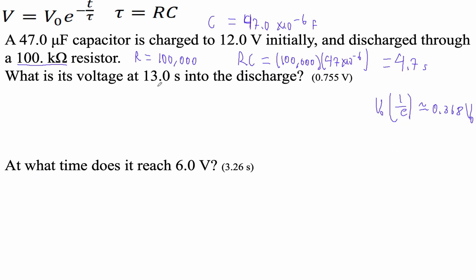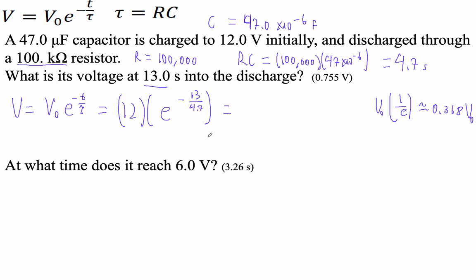So it asks, what is its voltage 13 seconds into discharge? I'll use this: V is V naught e to the minus t over tau. So that's going to be 12 volts times e to the minus 13 seconds divided by 4.7. When we get to nuclear decay, we'll end up with something called a half-life.